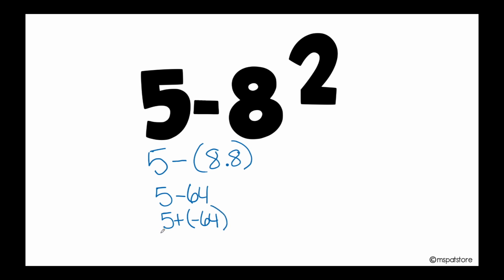When I am adding integers with different signs, I need to subtract. So 64 minus 5 is 59. Remember that when you are adding and they have different signs, you subtract and you keep the sign of the greatest absolute value, which is negative 64. So my final answer will be negative 59.